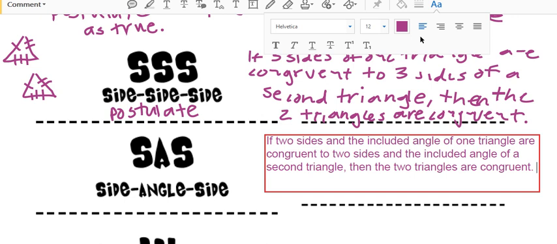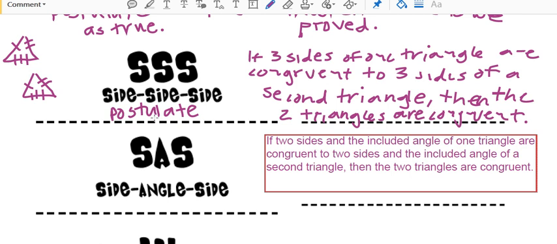Again, if the two sides and the included angle of one triangle are congruent to two sides and the included angle of a second triangle, then the two triangles are congruent. So go ahead and pause and get that definition down.